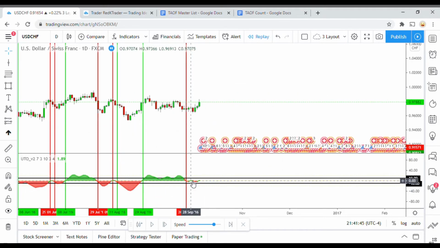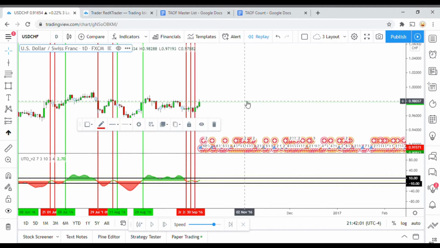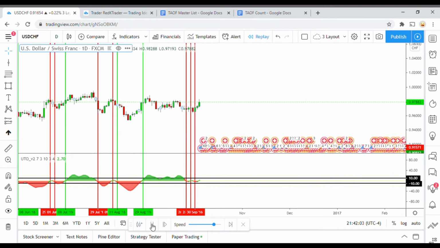Say that. And you see it puts a really narrow range filter on it. But it definitely could keep us out of some whipsaw. Would have kept us out of these trades, that's for sure.